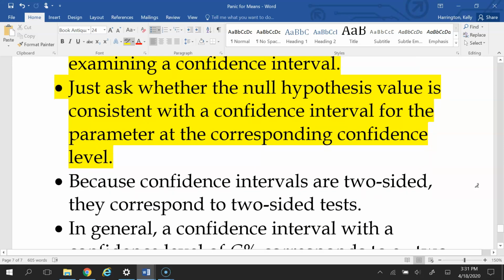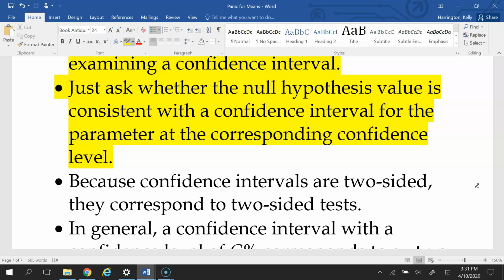Now, because confidence intervals are two-sided, they correspond to two-sided tests. So a 90% confidence interval would correspond to a two-sided hypothesis test with a significance level of 10%, whereas a 95% confidence interval would correspond to a two-sided test with a significance level of alpha equals 0.05.